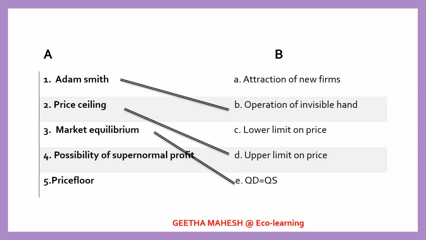Possibility of supernormal profit. When there is a supernormal profit under perfect competition, it attracts new firms into the market. Price floor, it is a lower limit on prices imposed by government for a few essential goods.